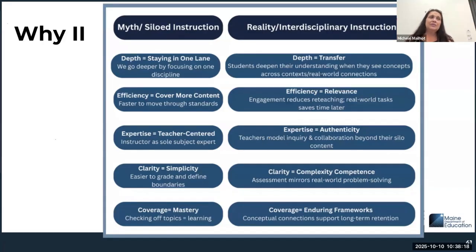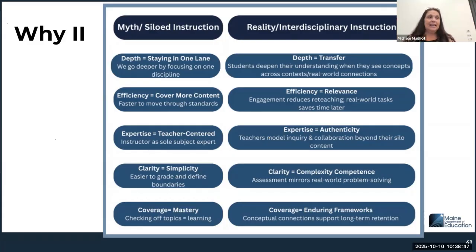When we talk about interdisciplinary instruction, we get to support a deeper understanding, and we're focusing more around these concepts. And this is where we have that opportunity for students to transfer the learning within and across content areas, seeing where these concepts from the different content areas intersect, intertwine, and support each other to deepen their learning.